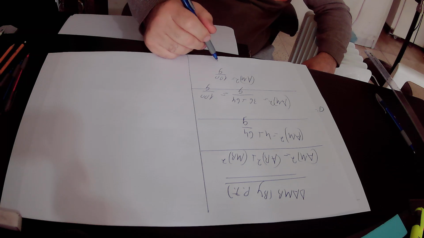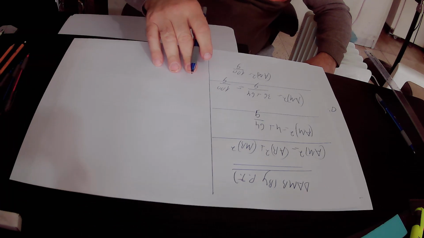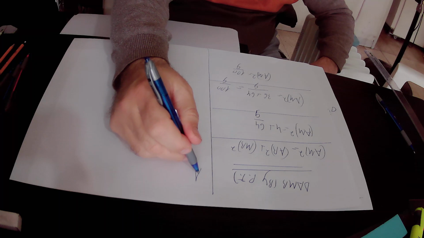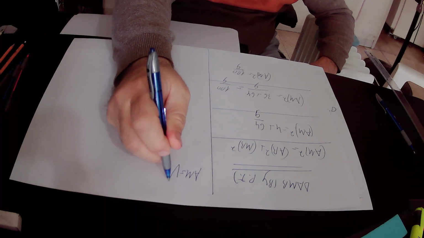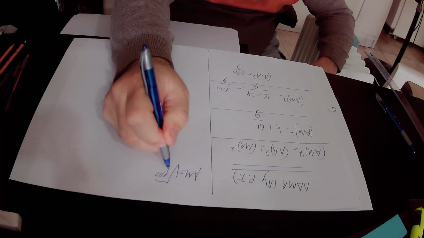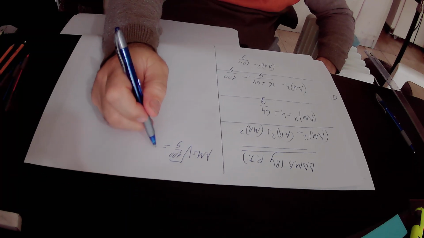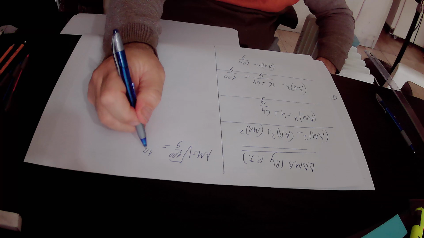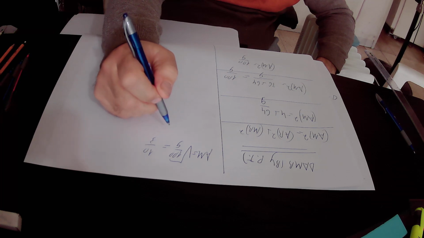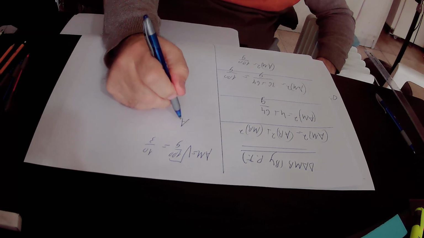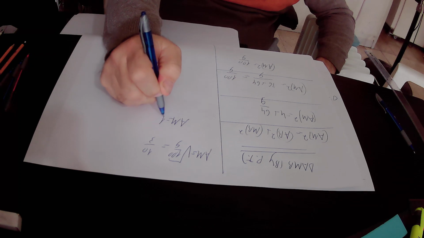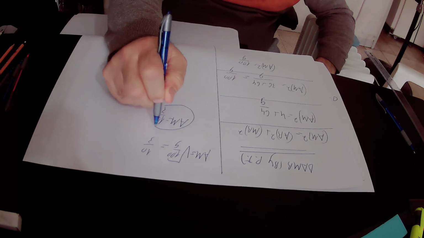Here we take the root of this equation, and finally we get that AM equals the square root of 100 over 9. That is to say, the square root of 100 is 10, and the square root of 9 is 3. So in total, AM equals 10 over 3 units in its length.